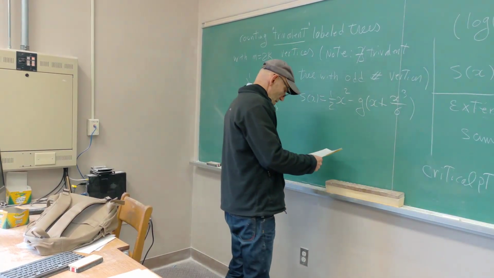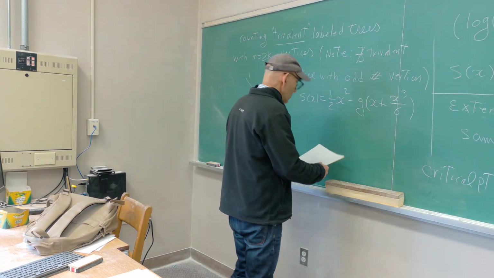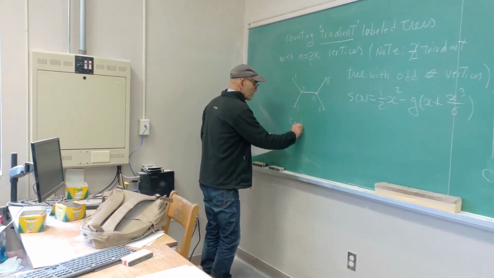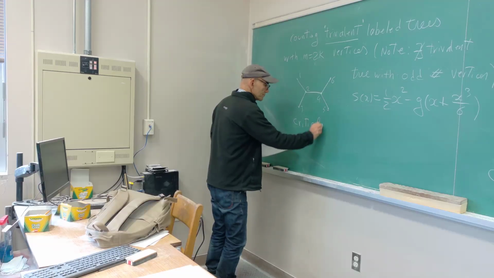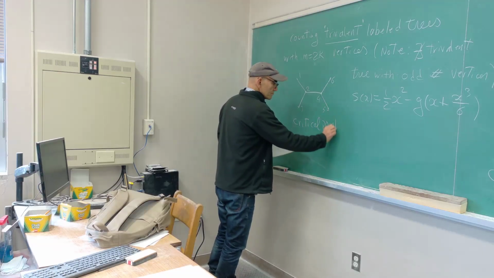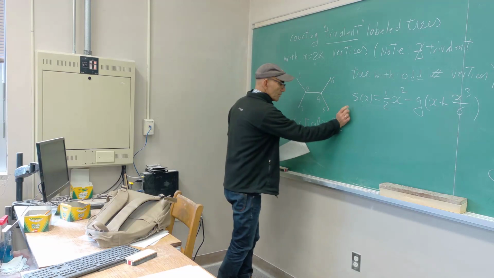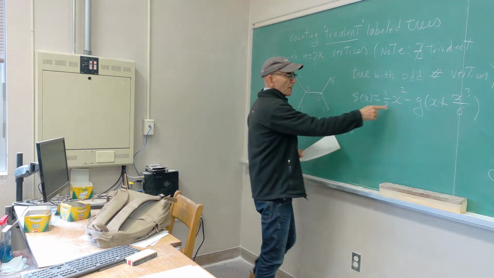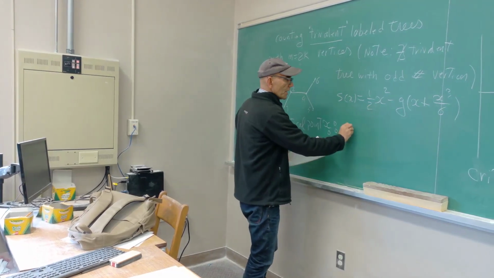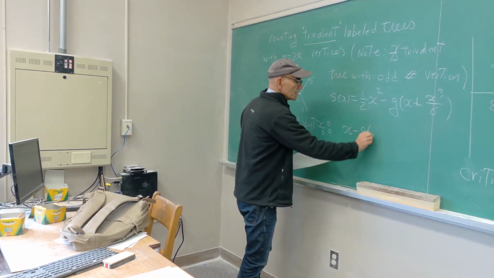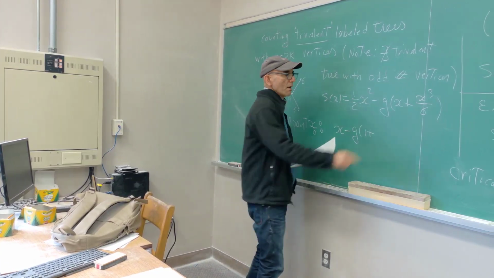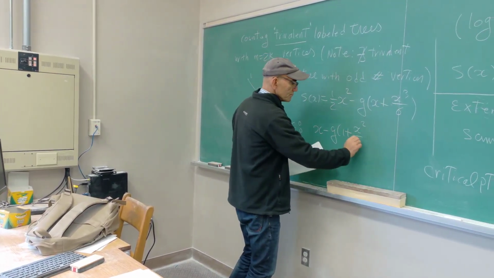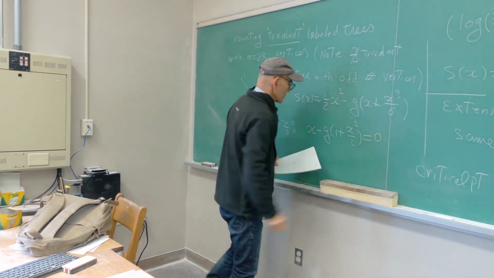Okay. So here I just write the critical point equation, x0. I mean, we have to solve this equation. So it's going to be x minus g times 1 plus x^2 over 2, equal to 0.